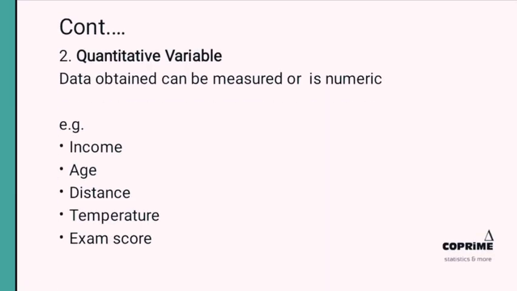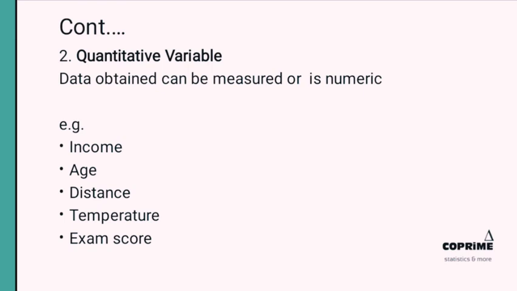Now let's look at the counterpart of qualitative variables, which is quantitative variables. For quantitative variables, data obtained can be measured or can take numeric values. So unlike qualitative variables, quantitative variables can assume numeric values. An example is your income, age, distance, temperature, and examination score.